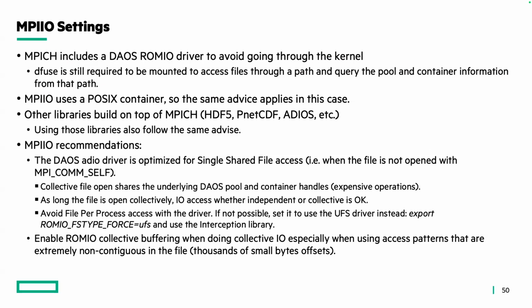So, MPI-IO settings. I think I've covered most of this when I talked about the MPI-IO driver. Basically, as I said, MPICH will automatically use the DAOS ROMIO driver if it detects it's a DAOS file system, but you still need to mount dfuse with the launch dfuse script. And for other libraries on top using MPICH and MPI-IO, such as HDF5, NetCDF, and ADIOS, the same advice applies as I explained for MPI-IO.